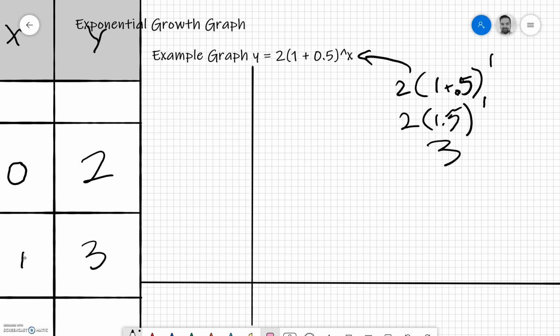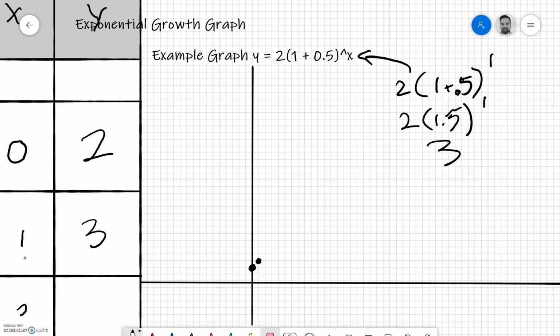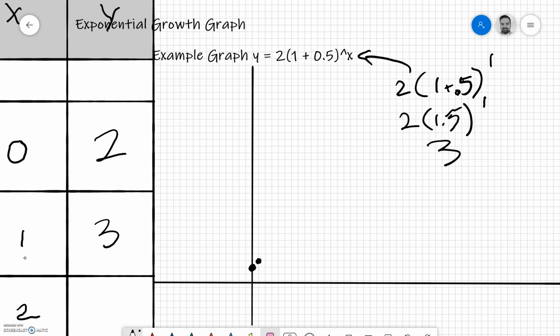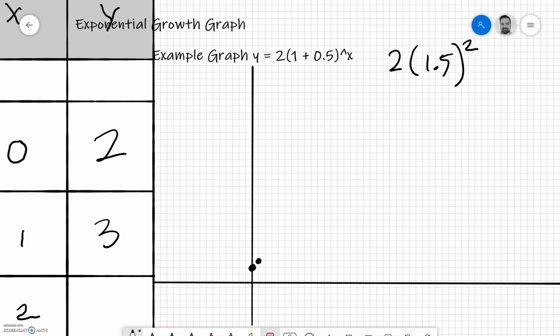Let me graph our first 2 points. At 0, I have 2. At 1, I have 3. Okay, so far not doing too much. Let's take a look now at 2. What happens when I graph 2? This is where it's going to start taking off a little bit. 1.5 squared is 1.5 times 1.5, or 2.25.